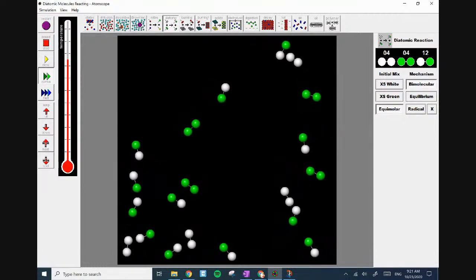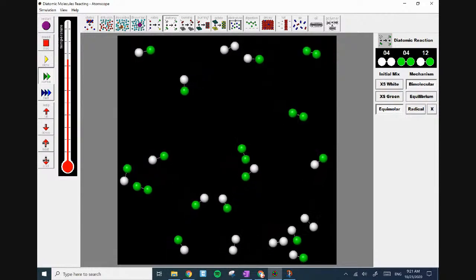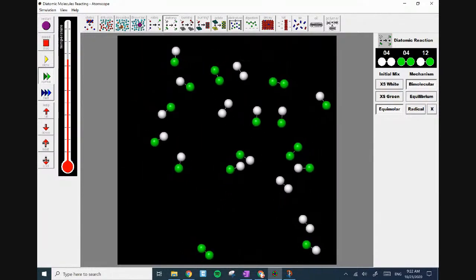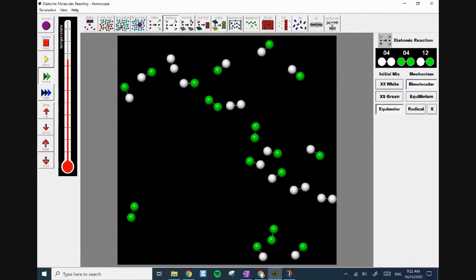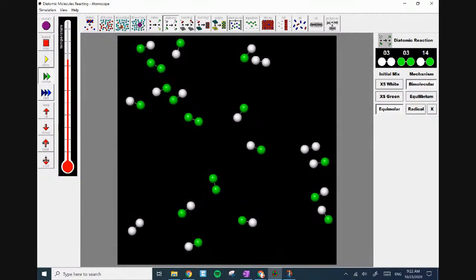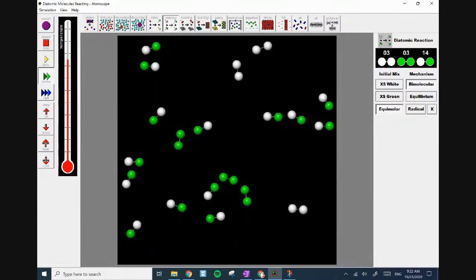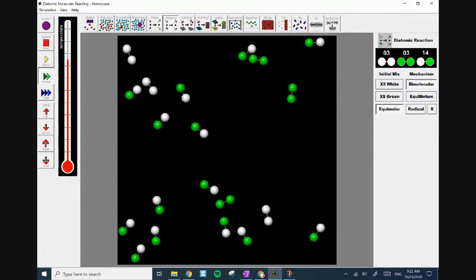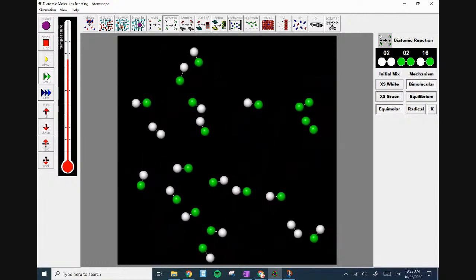Don't take your eyes off it. Don't take your eyes off your whites. 4 to go. Come on. There's another one. 3 to go. Not every collision results in a reaction.